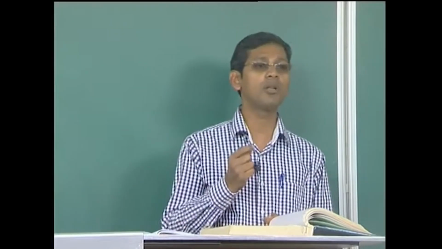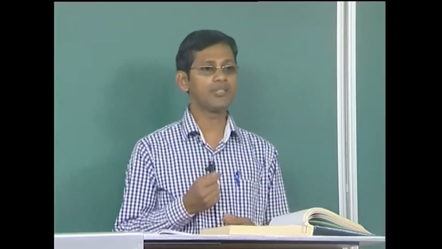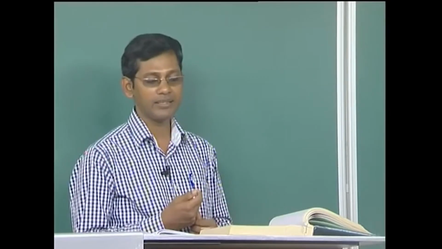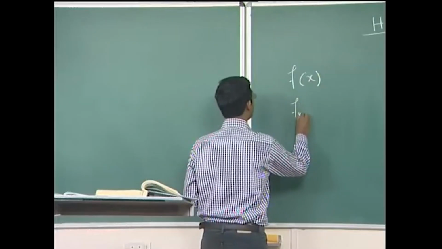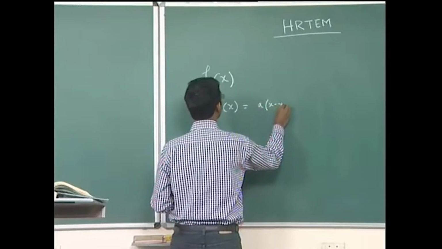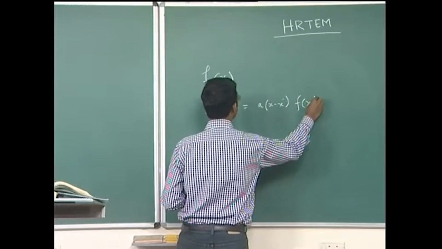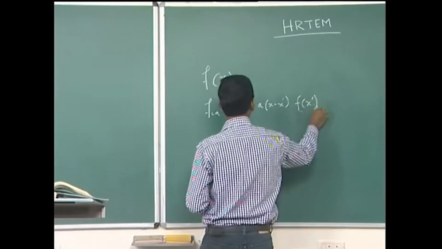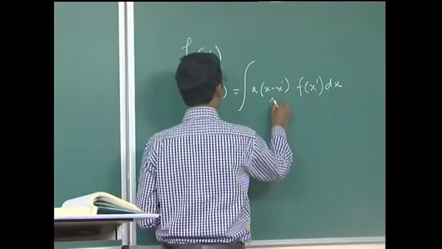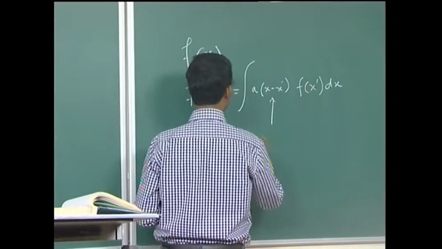So, the rays are passing through a small aperture, and if we assume this aperture to be the window through which the light is passing, then we can interpret the image, basically the contribution of the point x in the image plane, by this function called f_image(x), which is nothing but the integral of a(x - x') f(x') dx', where a(x - x') is nothing but the aperture function.